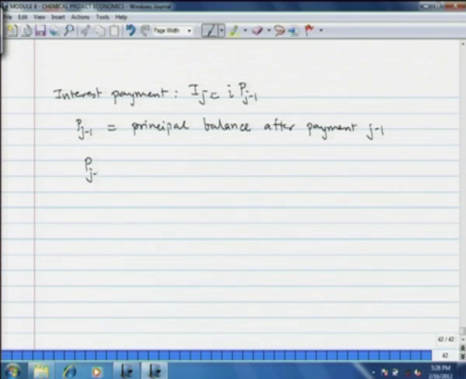Therefore, P(j minus 1) is equal to P naught, the initial principal, minus the sum of all payments for the principal till period j minus 1. So minus summation m equal to 1 to j minus 1 of Pm, where Pm is the principal payment for mth period.